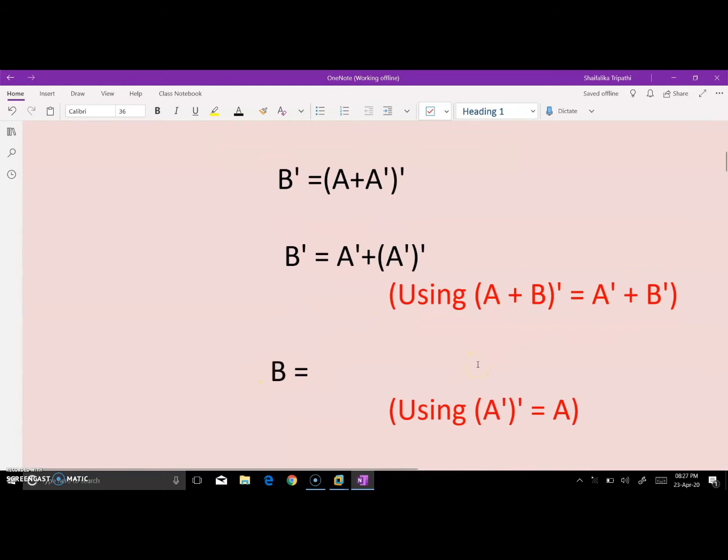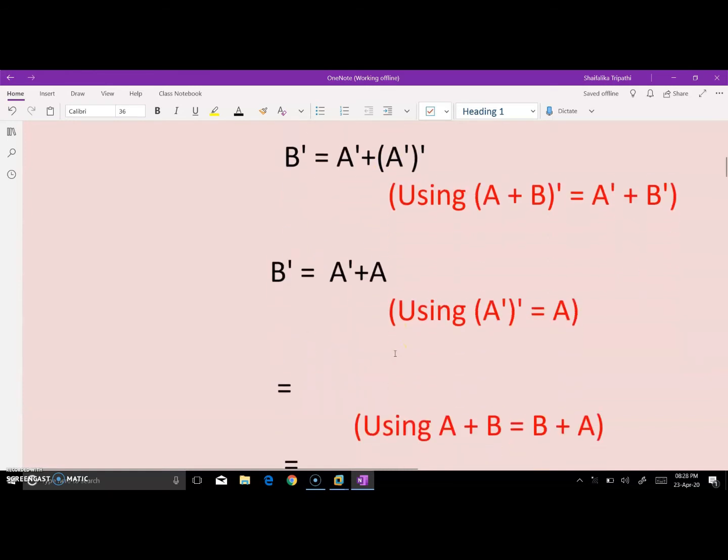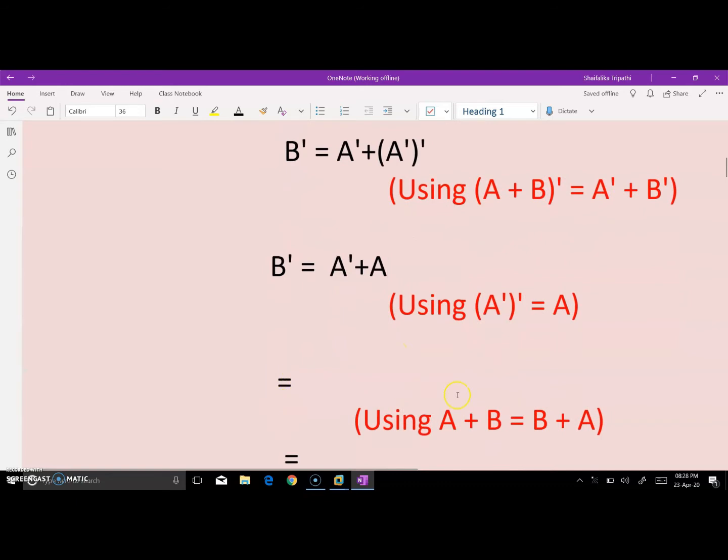And the next step is B transpose as it is, and here it will be A transpose plus, again we will use the next property, that is the transpose of A transposed two times will be equal to that particular matrix, so that will be equal to A. All right, so you can see we are very close to the result.